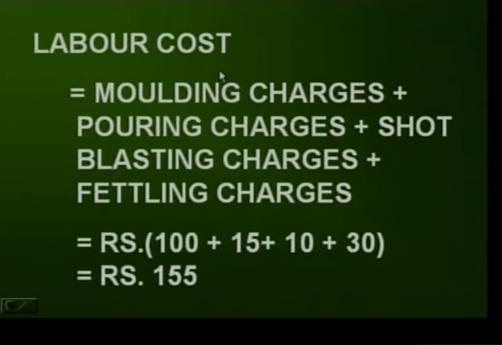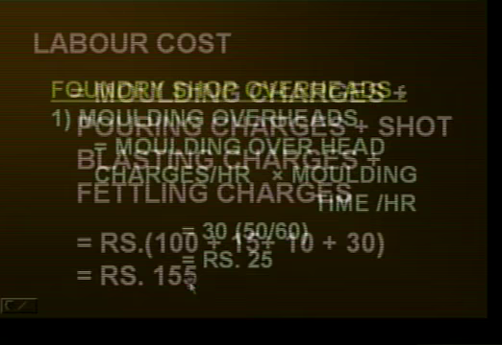So the labor cost is the sum of moulding charges, pouring charges, shot blasting charges and fettling charges. By adding 100 and 15 and 10 and 30, the value becomes 155 rupees.